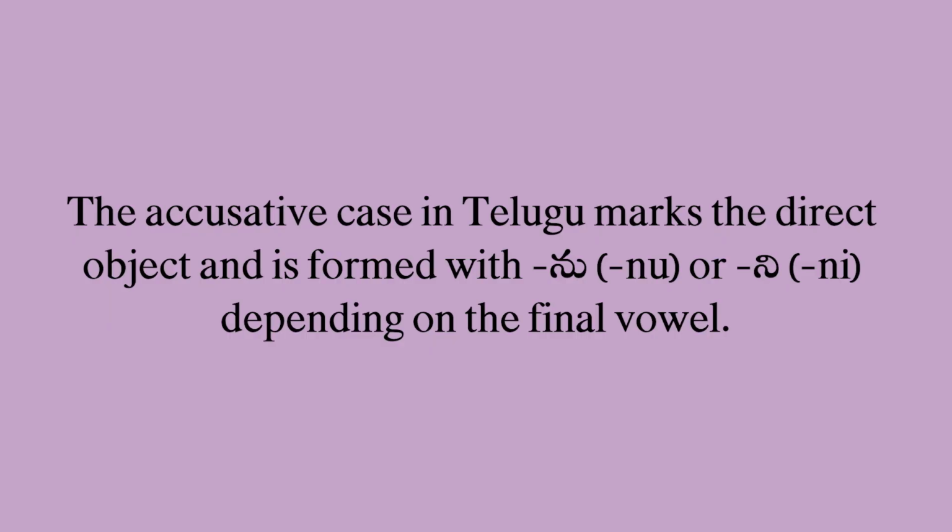The accusative case in Telugu marks the direct object and it is formed with nu or ni depending on the final vowel. Animate nouns usually require it, while inanimate nouns may omit it in casual speech.